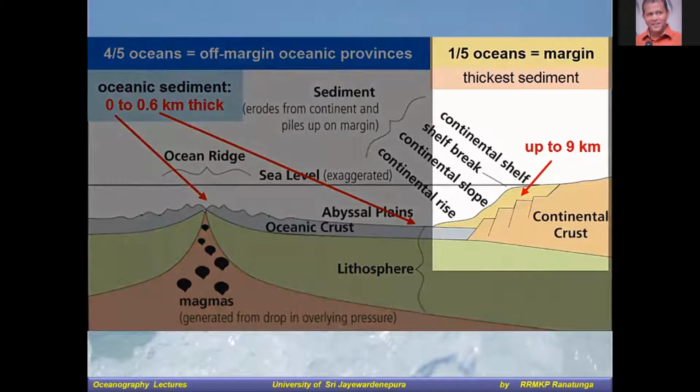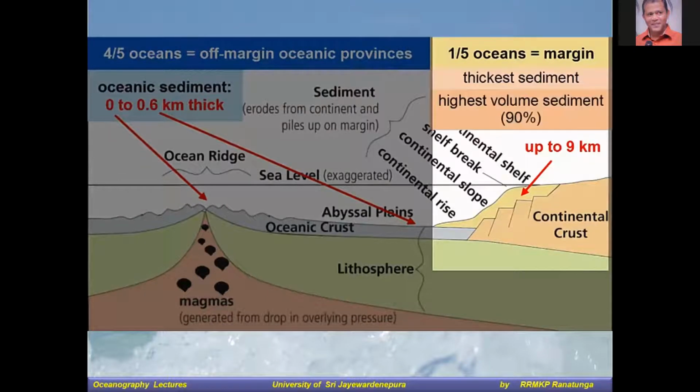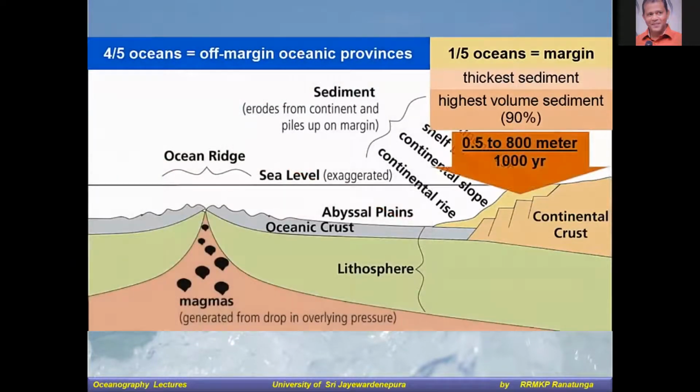Even though the margin environment represents only 1/5 of the ocean's surface, its sediment volume represents almost 90% of the total ocean sediment. Why? Sediment collects here much faster, at rates from 0.5 to 800 meters per 1,000 years. For comparison, in the oceanic zone, sediment collects at its fastest 1 centimeter per 1,000 years.